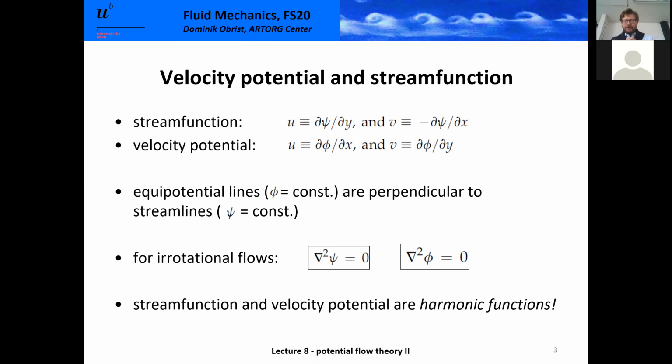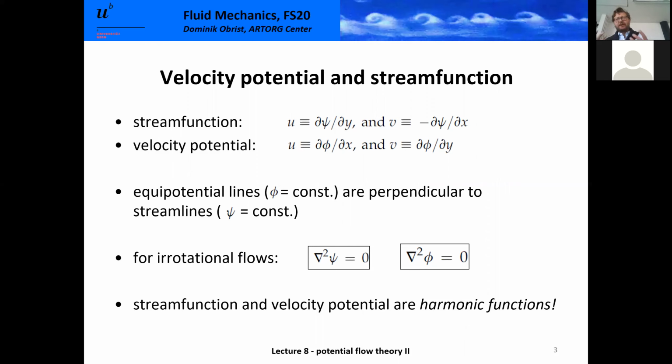And we review the fact that both functions, potential and stream functions, both are satisfying the Laplace equation. Both are harmonic functions. And we remember that their isolines are perpendicular to each other.